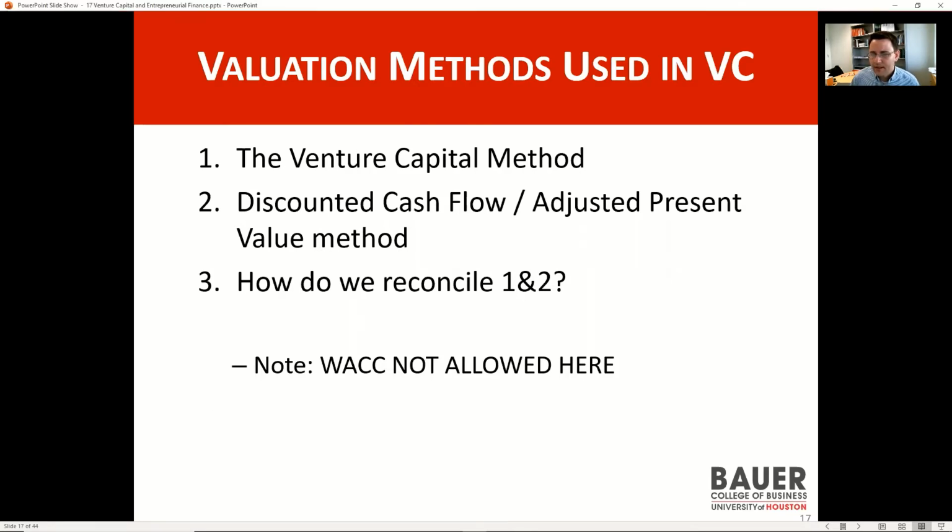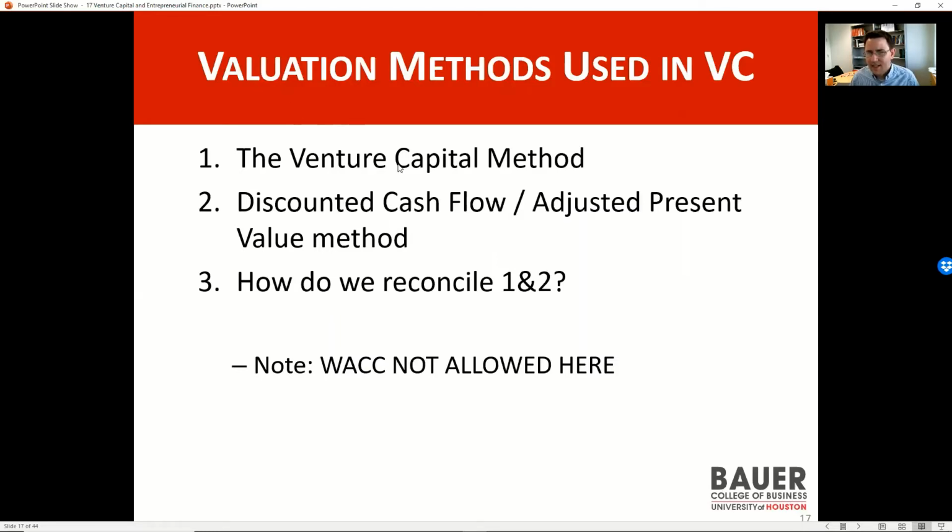We're going to compare that to what we've done in the past, the discounted cash flow model and the APV, adjusted present value method. The venture capital method is going to look different on a couple important dimensions, and so we want to be able to reconcile the two. Everything we've done in the past is still true. Everything about discounting cash flows that we've seen is still economically true and valid.